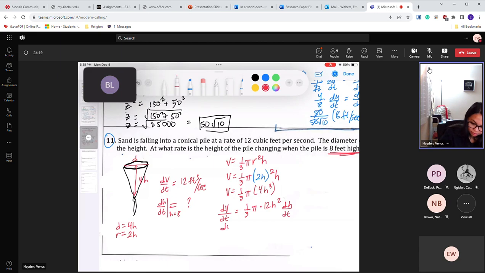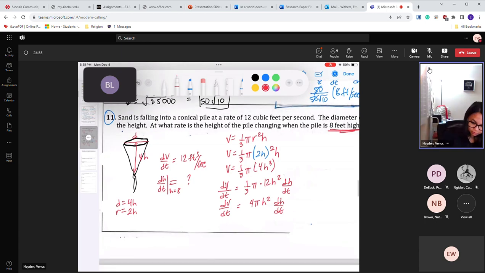We could simplify this as dV/dt is equal to 12 divided by 3, which is 4 pi h squared dh/dt.